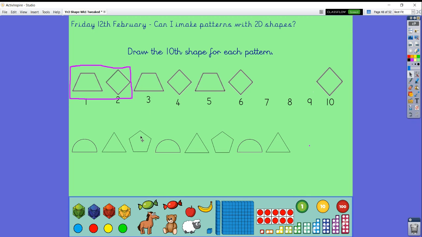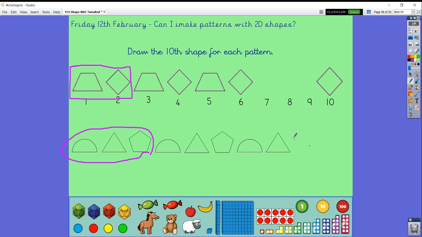What about this one then? What's our repeating chunk, our repeating group? We've got semicircle, triangle, pentagon. So our repeating chunk is this one. And we have got 1, 2, 3, 4, 5, 6, 7, 8. So semicircle, triangle, pentagon.